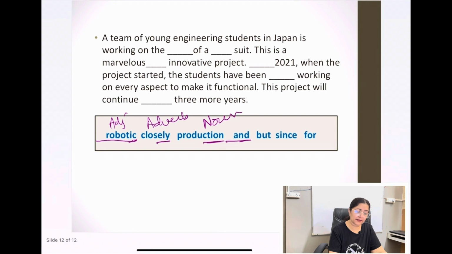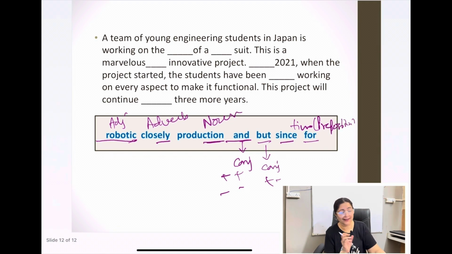And is conjunction. But is also conjunction. And is for plus plus or minus minus, but is for plus or minus. Since and for are prepositions of time. Okay, so they are what? Prepositions. Now see how easily we are able to identify these parts of speech.